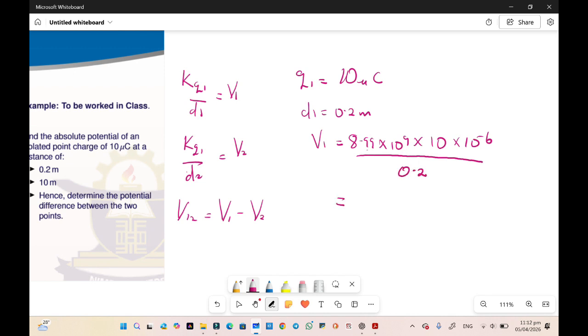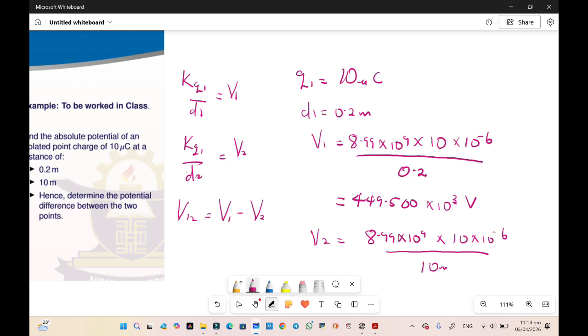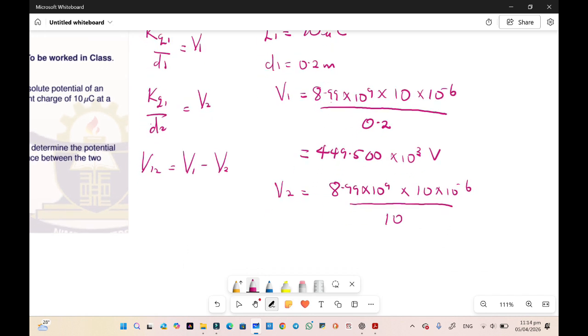So this will give us 449,500, that is 449.5 times 10 to the power 3. Then V2 will be equal to 8.99 times 10 to the power 9 times 10 times 10 to the power minus 6, all divided by 10 meters. So that will give us 8.99 times 10 to the power 3 volts.